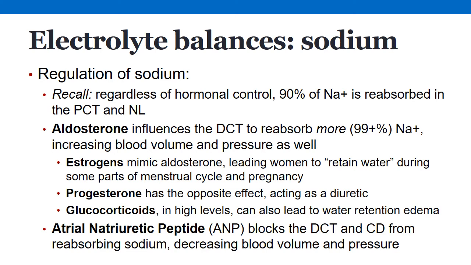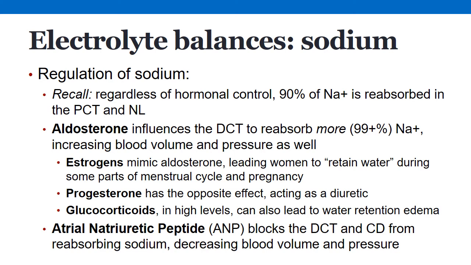Of interesting note, estrogen hormones mimic aldosterone, which is why women retain water during some parts of the menstrual cycle and some portions of pregnancy. Progesterone, though, has the opposite effect, acting as a mild diuretic, which is again why during some parts of the menstrual period and some parts of pregnancy, women find that they feel as if they're on a diuretic.